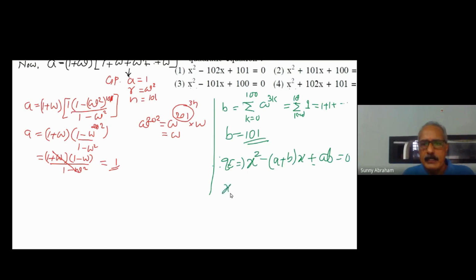So it is x square minus (a plus b is 102) x plus (ab is 1 into 101) equal to 0. And that's your answer: x square minus 102x plus 101 equal to 0. Right?